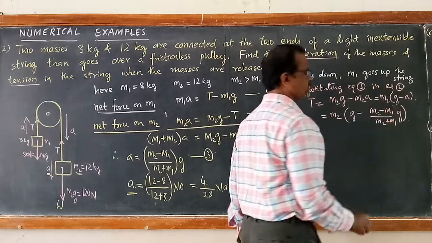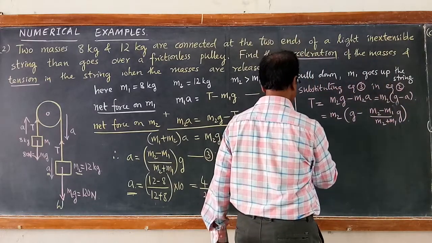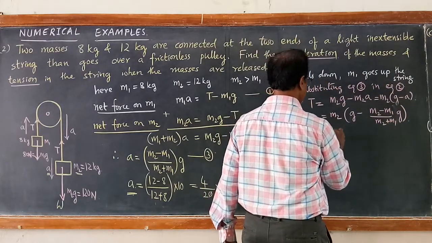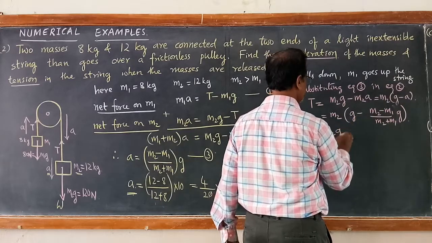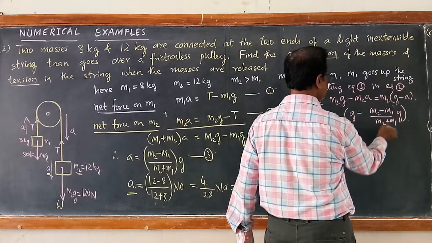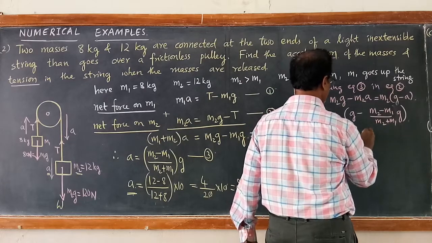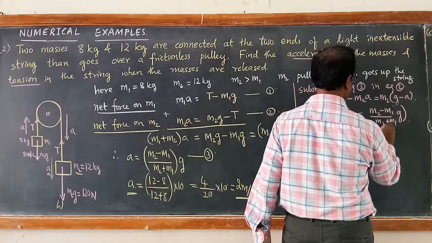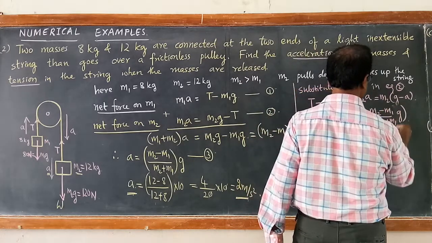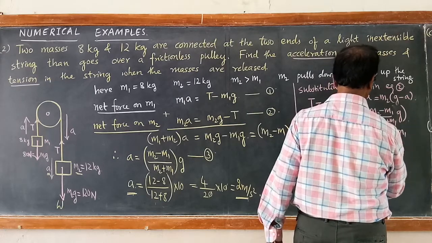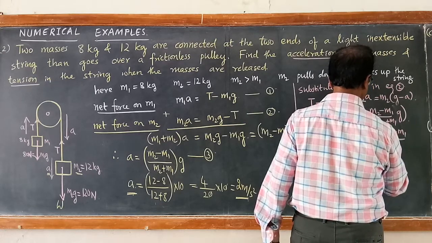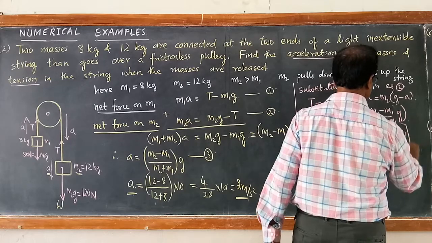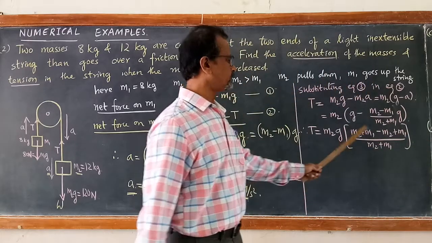So again we can take out G common and simplify. Therefore T becomes M2 into G into bracket. Now simplify. M2 plus M1 minus M2, minus of minus becomes plus M1, divided by M2 plus M1. Now you see M2 cancels with M2.